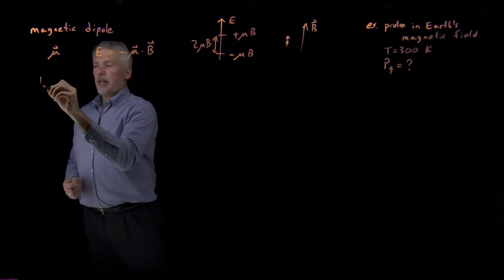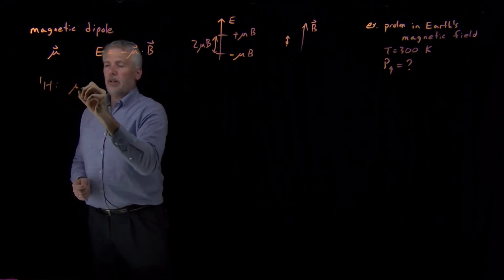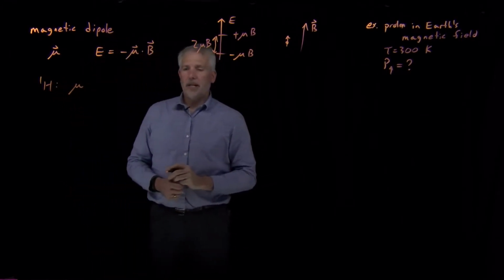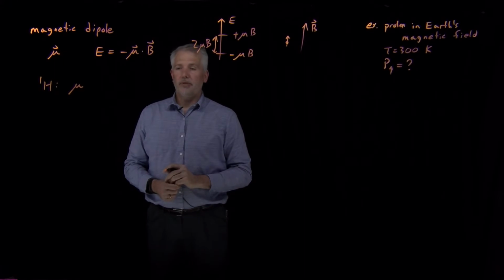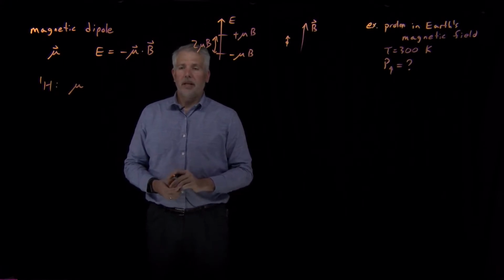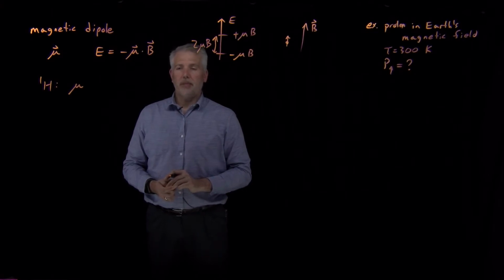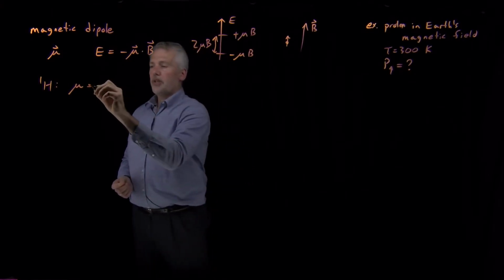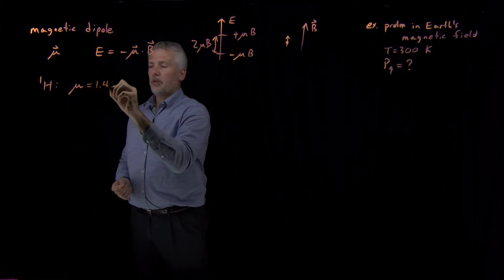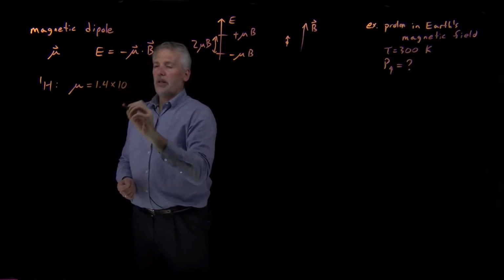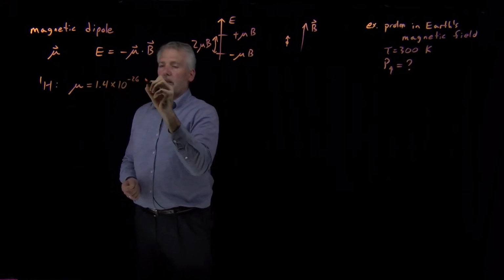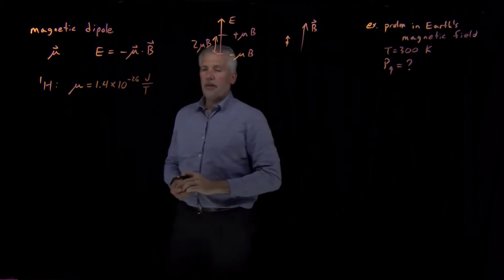I will say that for every different nucleus, the magnetic dipole has a different value, different strength. So a proton's magnetic dipole is different in strength than a lithium atom's magnetic dipole, and so on. Protons are one of the most important nuclei that we evaluate the magnetic dipole of.